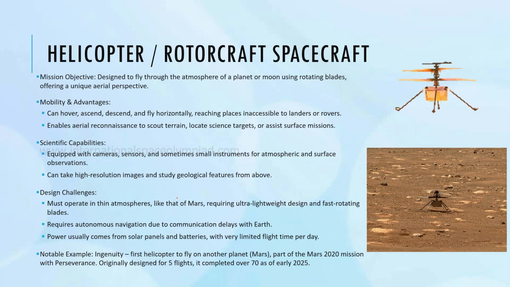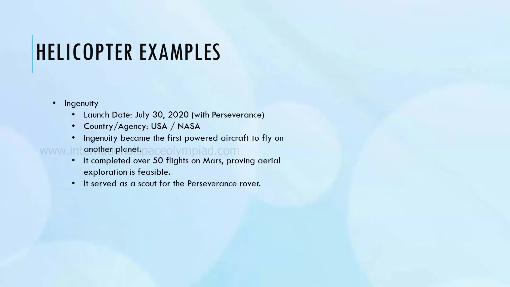It can withstand it to some extent, but not much. So that is called the rotorcraft, and the first one to go is Ingenuity, and it completed 50 flights. It was intended for fewer than 10 flights, just 7 or 8, but it flew 50 times actually.